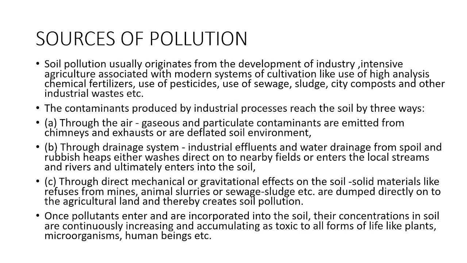The two terms we have already understood are biomagnification and bioaccumulation. That means once these pollutants are incorporated in the soil layer, gradually in the different trophic levels of the ecosystem, the accumulation of that pollutant takes place.